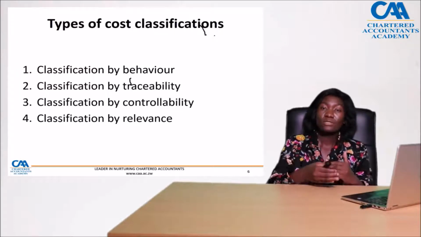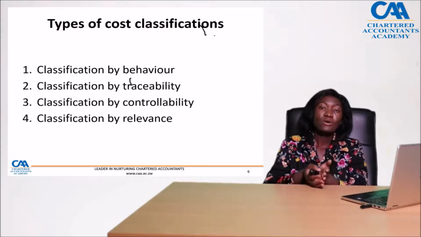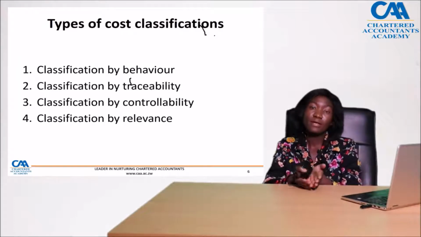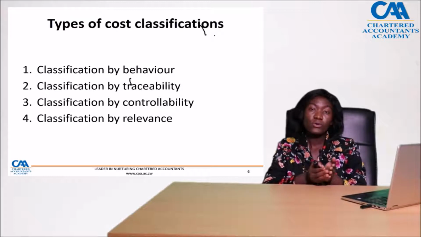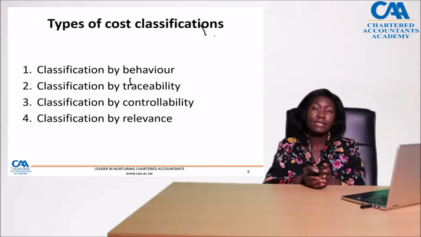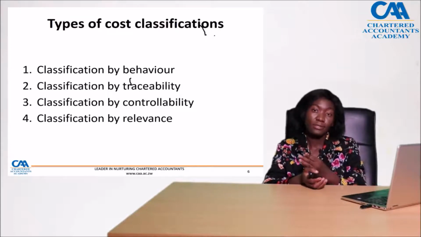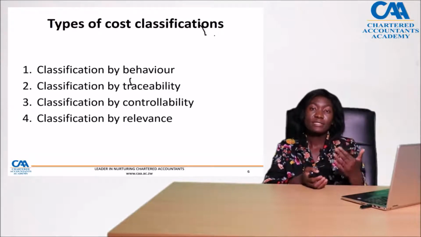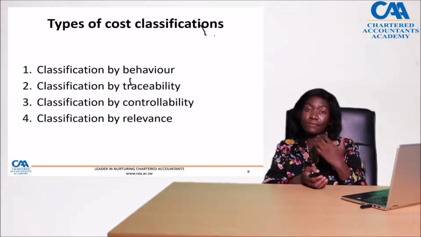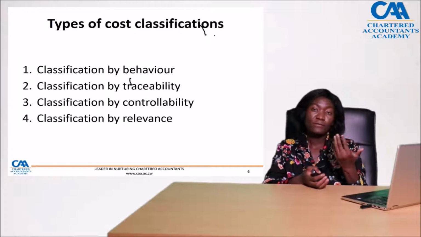As we go on to further classify costs, we have what we call semi-variable costs. A semi-variable cost contains a certain element of fixed cost, but the larger proportion is a variable cost. An example can be your telephone bill.